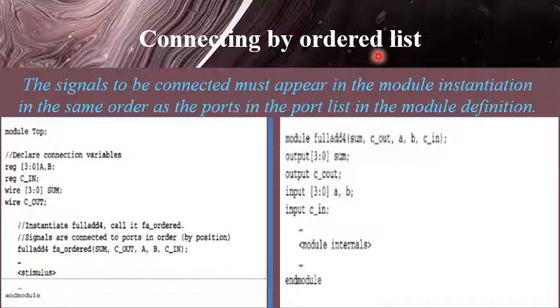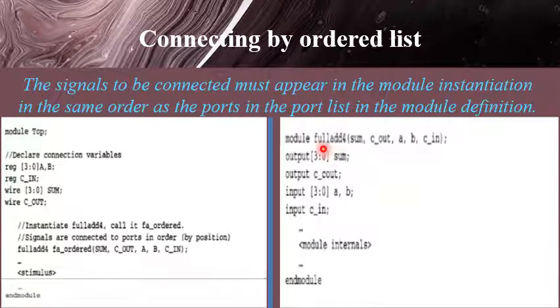But connecting by ordered list means whichever order you have followed in the module definition line, the same thing should appear while instantiating that module wherever in some top level module, may it be stimulus block or may it be some other high top level design block.